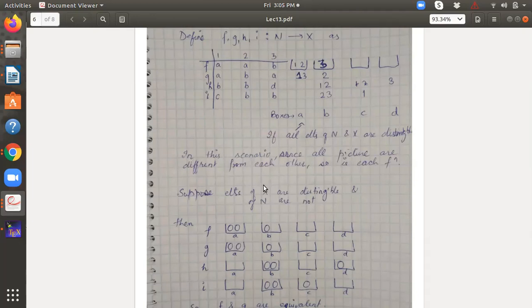Yes. So, F sends ball 1 and ball 2 to one particular box, ball 3 to another box, and two boxes it leaves empty.